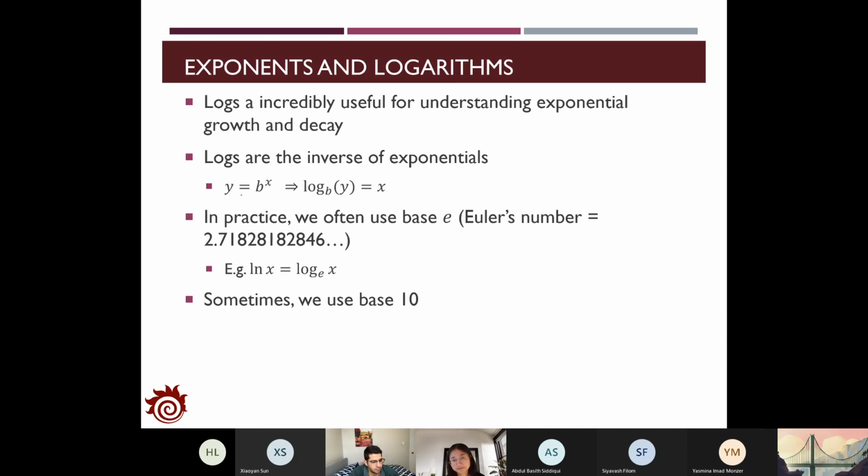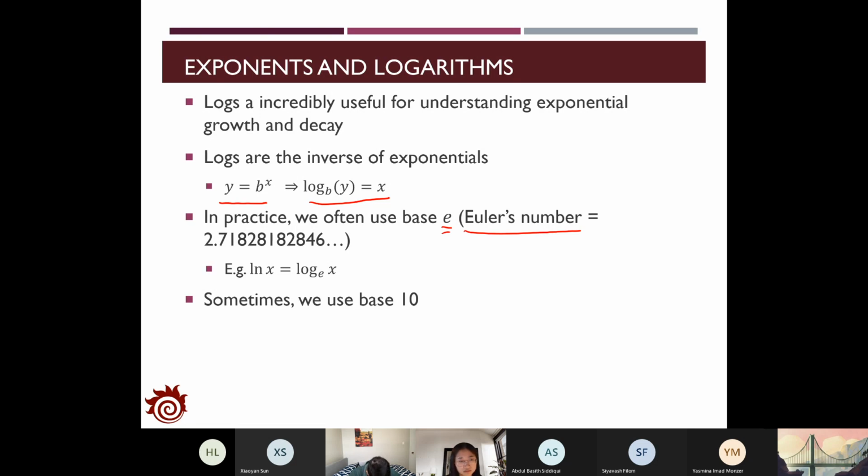So here is some definition. If y equals b to the power of x, then log base b of y will be x. It shows you what power is applied to b. And in practice, a lot of the time we use Euler's number, which is a constant around 2.71.